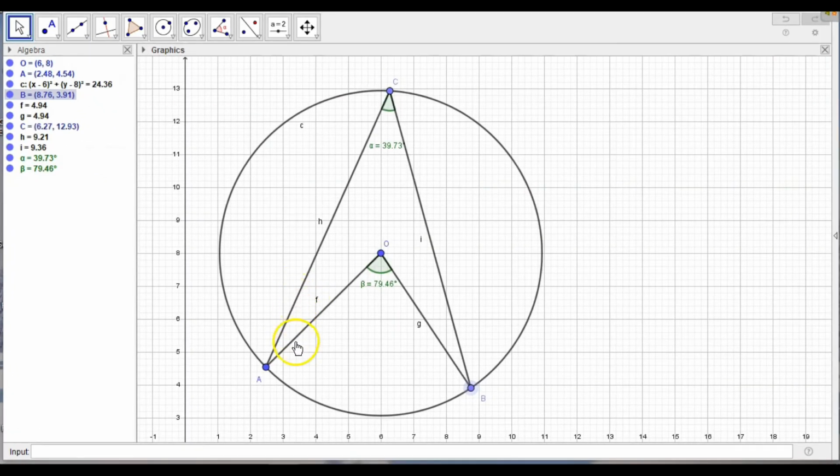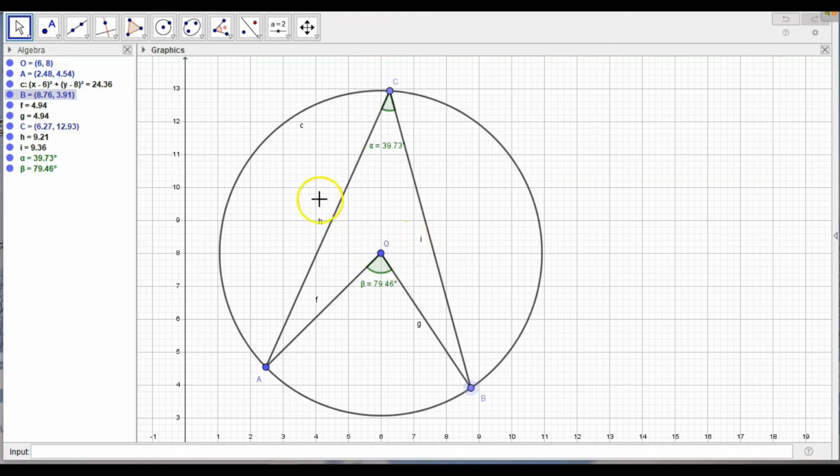So with the help of the GeoGebra, let's verify the first theorem we are actually looking at, which is twice the angle at the circumference of the circle equals the angle at the center of the circle.